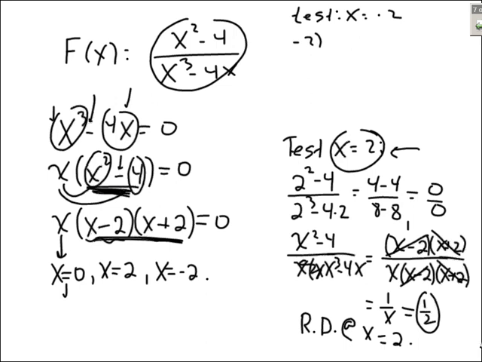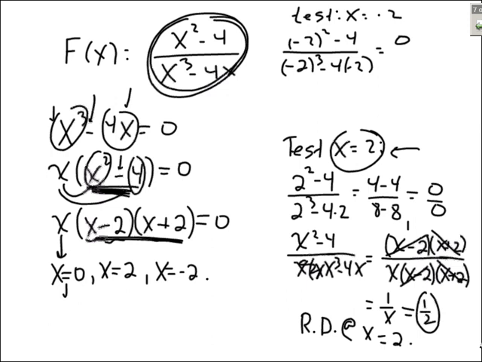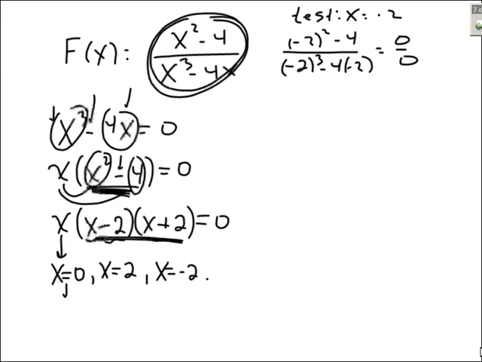Well, negative 2 squared minus 4, I'm just plugging in negative 2, over negative 2 cubed minus 4 times negative 2. You're going to get 0 over 0. That means you need to factor. And let's see what happens after you factor.